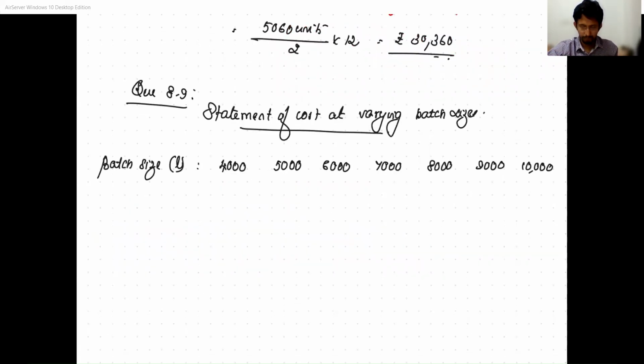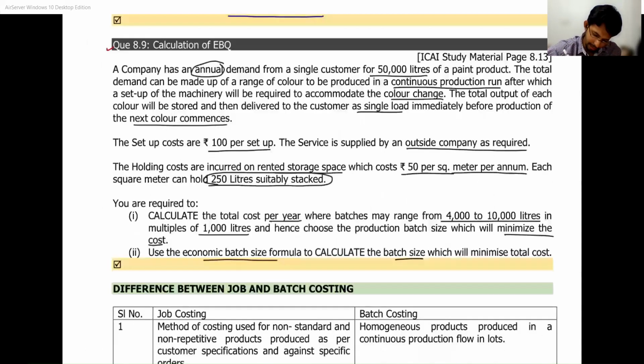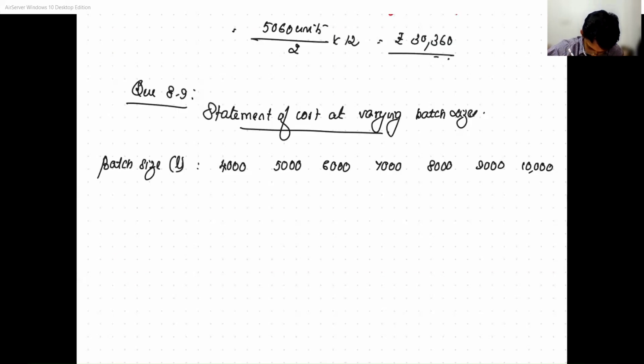Now that is the batch size. Now what you have to do? You know what is the total demand. Total demand is 50,000 liters. So, number of batches. How many batches will be required in the first case?